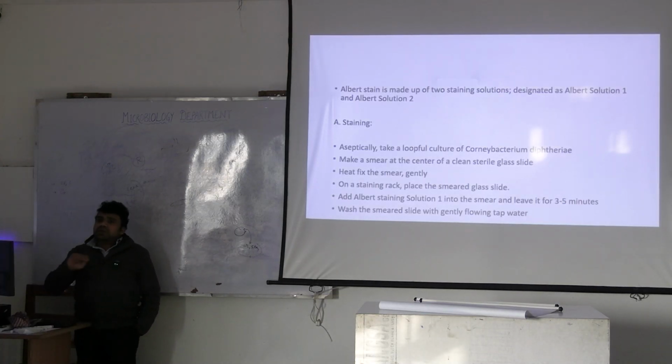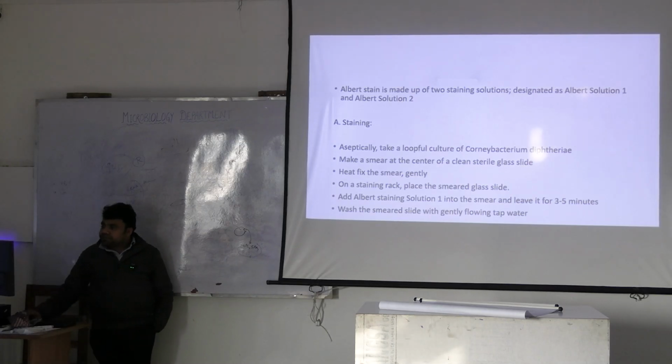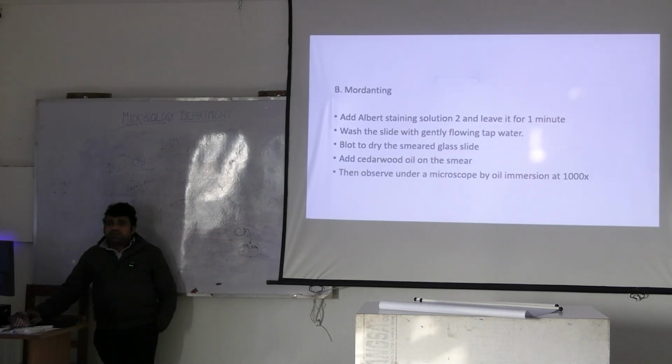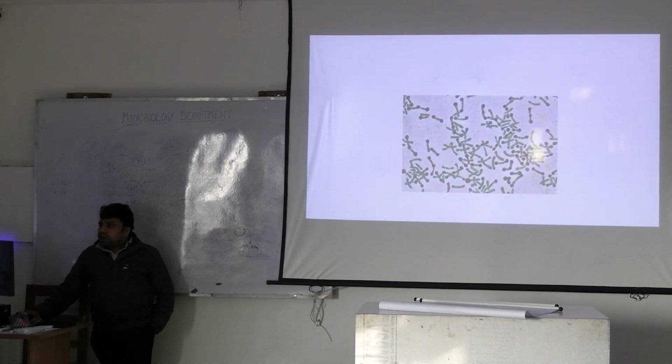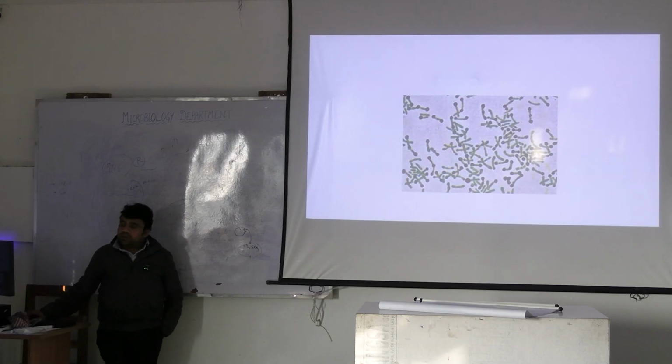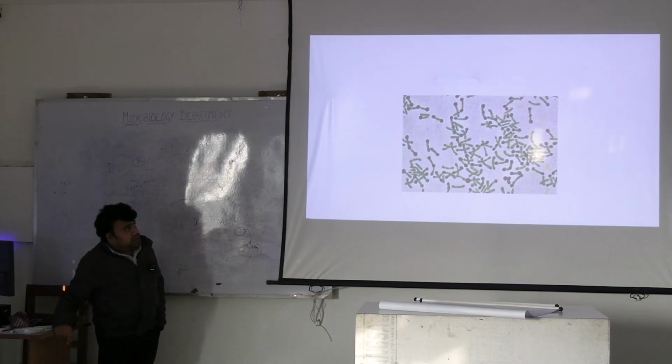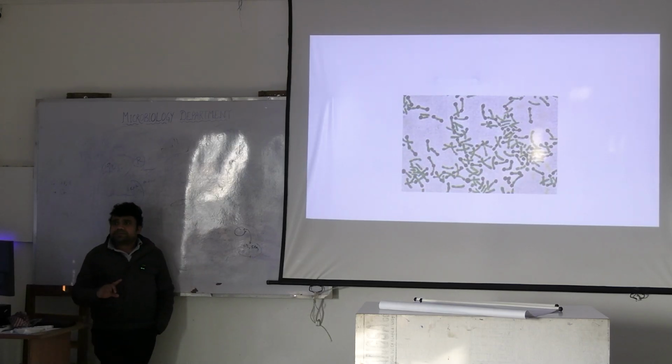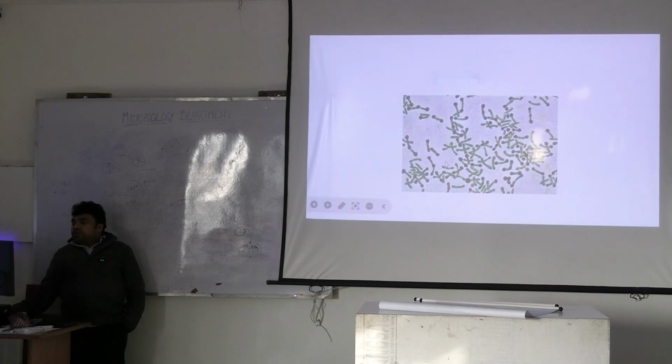On a glass slide, the swab is rolled on and then stained with Albert staining. There are two types, Albert stain A and B. A is used for staining, B for mordanting, after which a picture like this appears. The normal bacilli will appear with a greenish hue.